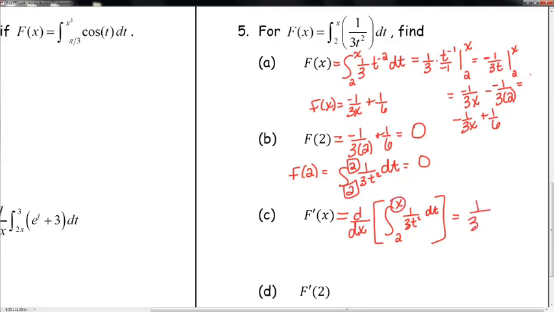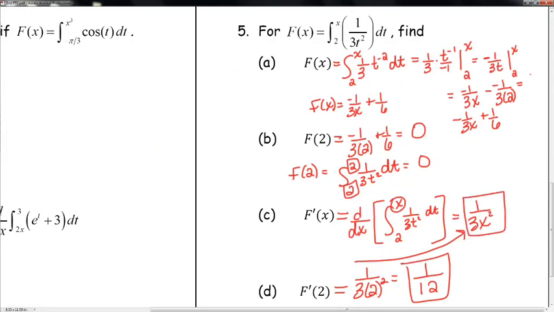So this becomes 1 over 3x squared. Finally, for d, when I want to plug in 2, I can just use this one up here and plug in 2. So I have 1 over 3 times 2 squared, which gives me 1 over 12. And so those are all of our answers.